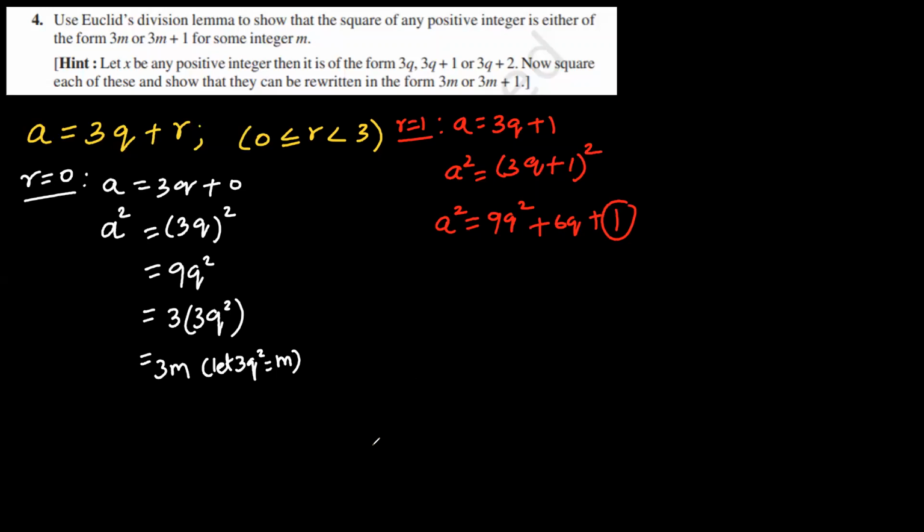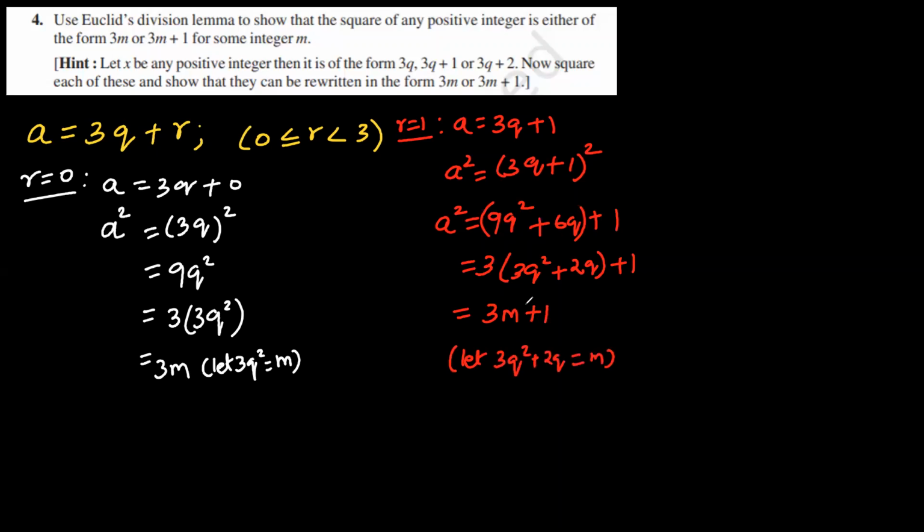So this one we cannot simplify further. So we'll try to take 3 as common from these two terms. So when we take 3, the terms will be 3q square plus 2q, plus 1. Now we are assuming this 3q square plus 2q as m, giving 3m plus 1. Let 3q square plus 2q equal m. We have expressed it in 3m plus 1 form.